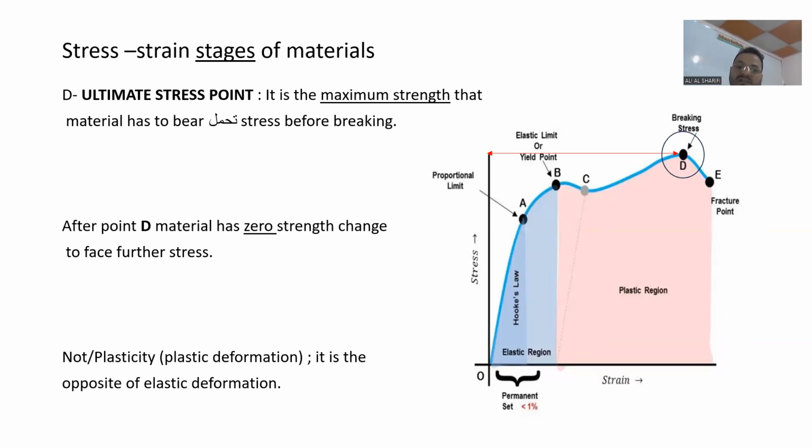D is the ultimate stress point, or we can say the breaking stress point. Ultimate stress means, I think, the maximum strength which this bar material will suffer.